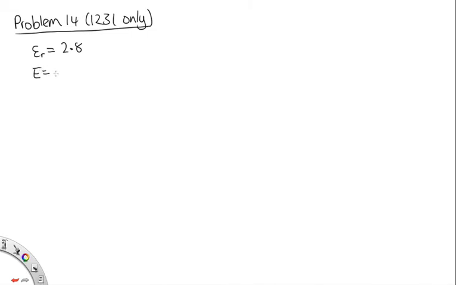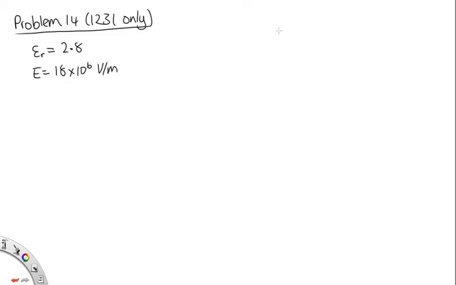Problem 14, which is for 1, 2, 3, 1 only. Okay, here we have a dielectric with ER is equal to 2.8. And it can withstand an electric field strength of up to 18 times 10 to the 6 volts per meter.